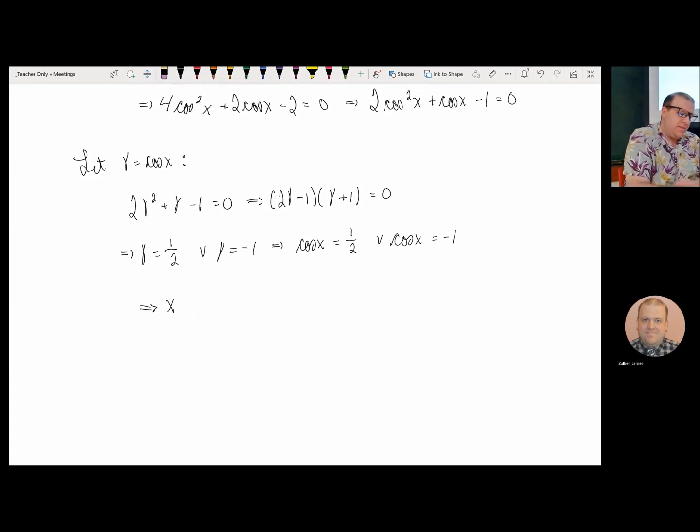I probably should write it this way. Where is cosine equal to 1/2? Where else? Cosine. Oh, no, I'm jumping ahead. 1/2.